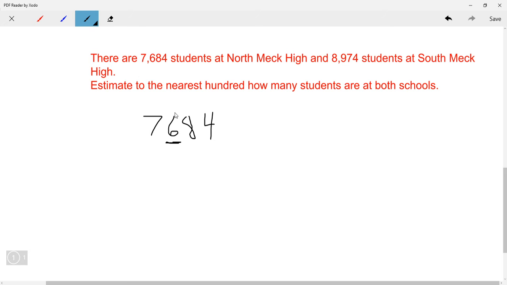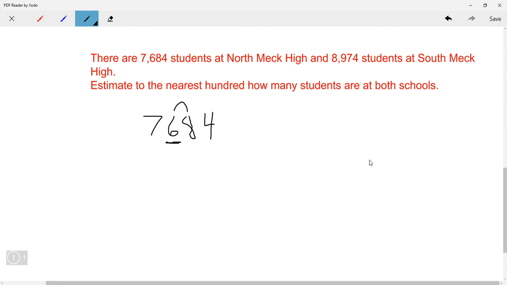Then, all I do to round is I go 1 over to the right, which in this case is the tens column, and I see that it's an 8. Now if the number is 5, 6, 7, 8, or 9, so if it's 5 or more, then I go up 1 in this number.